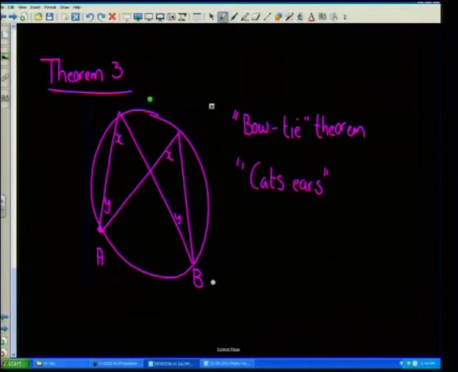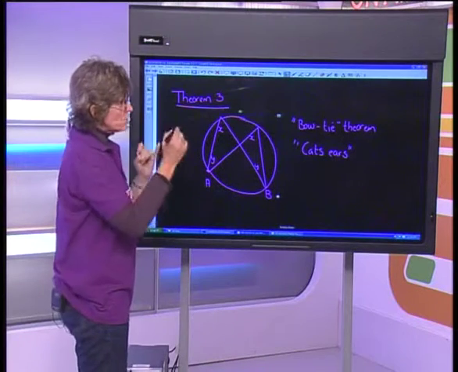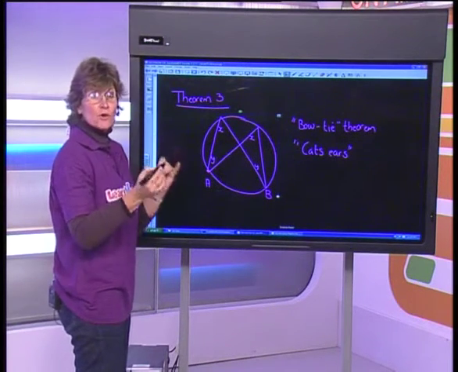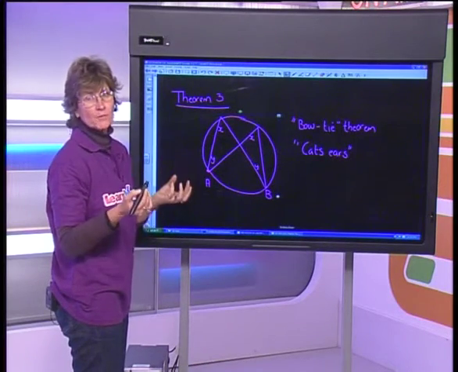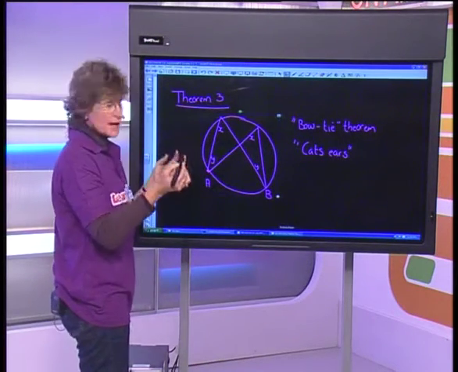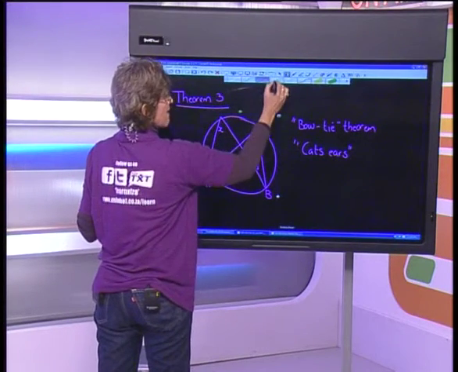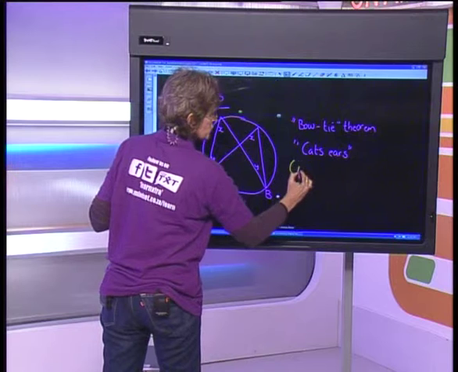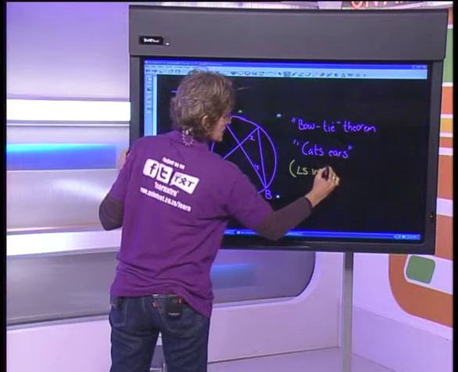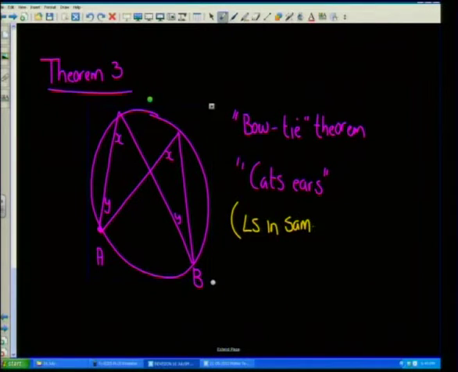But if you had to actually write that as a reason in your exam, you'd get it wrong. That's what it looks like, but the reason we actually give, if we ever use this, is angles in the same segment.